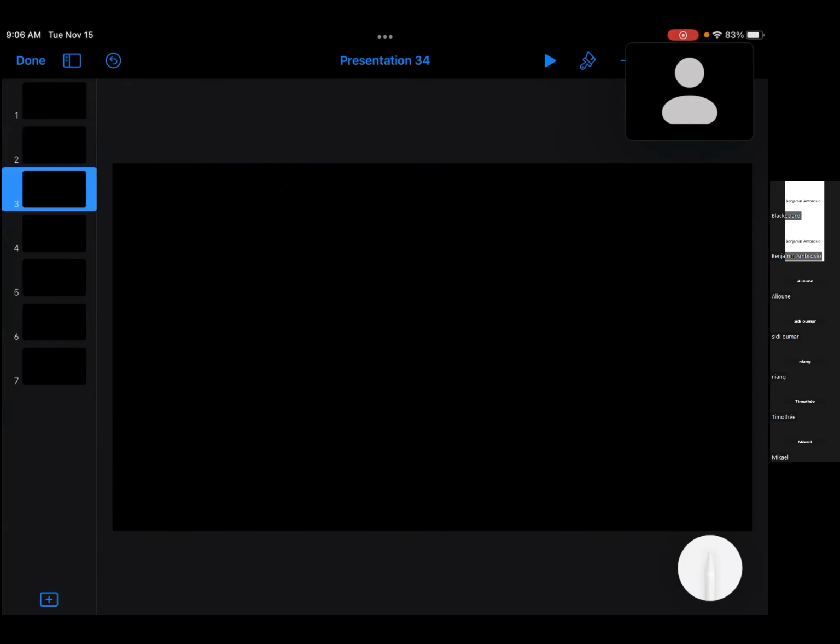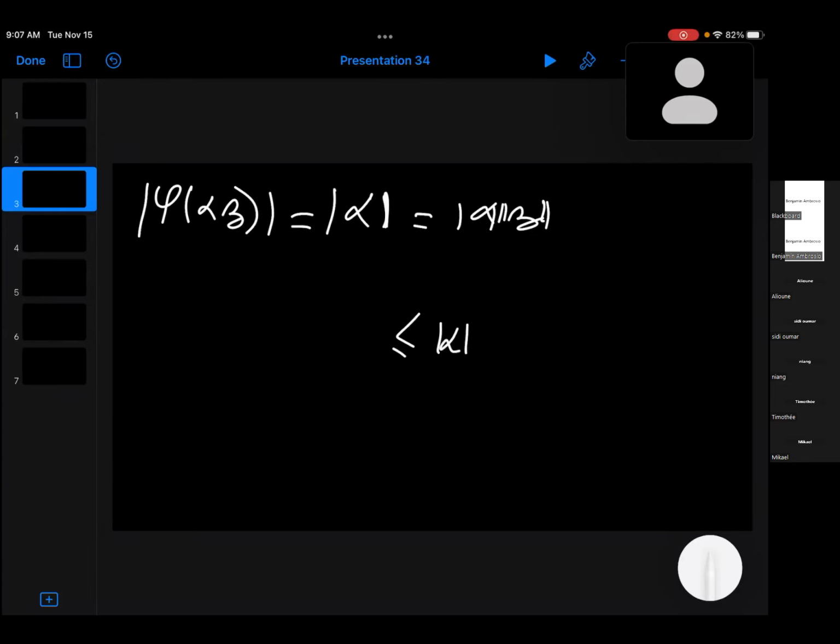It's continuous because if I look at phi of alpha z, this is equal to alpha, and I want to show that this is less than the norm of alpha z times a constant.